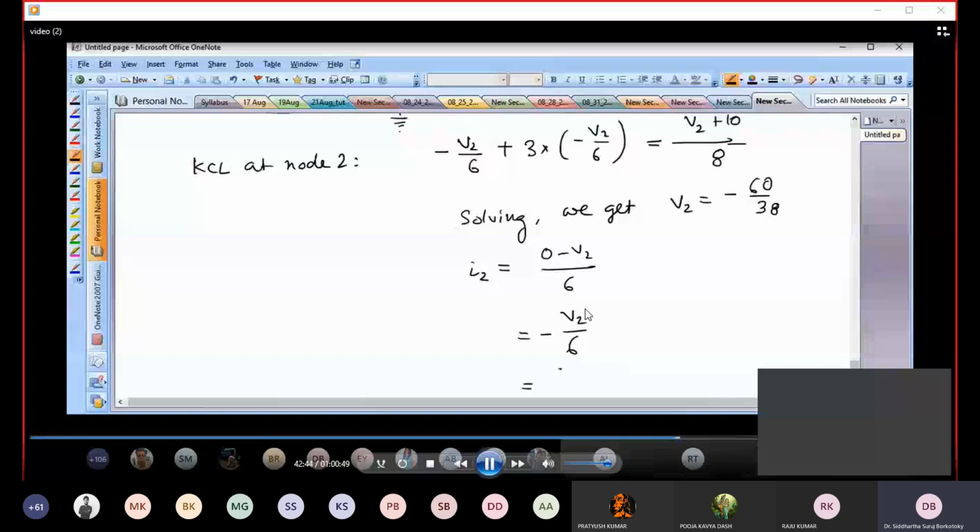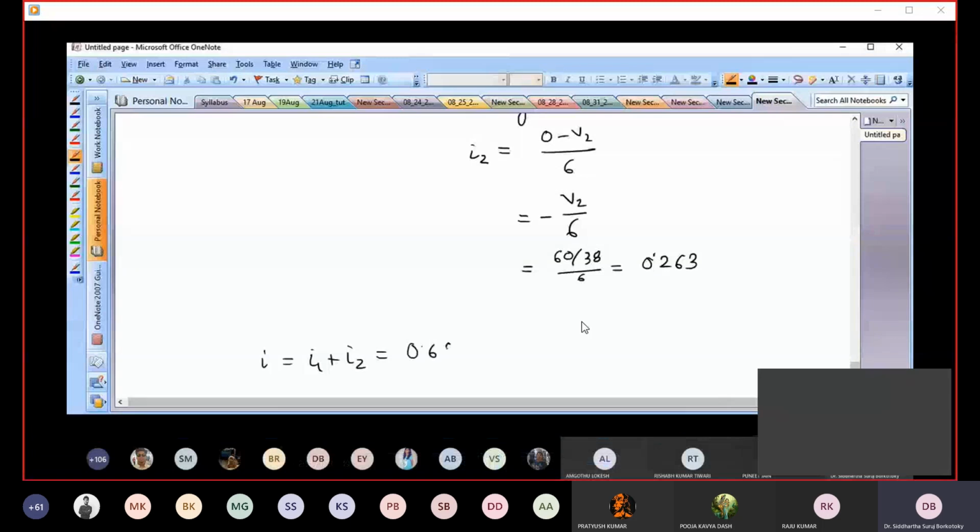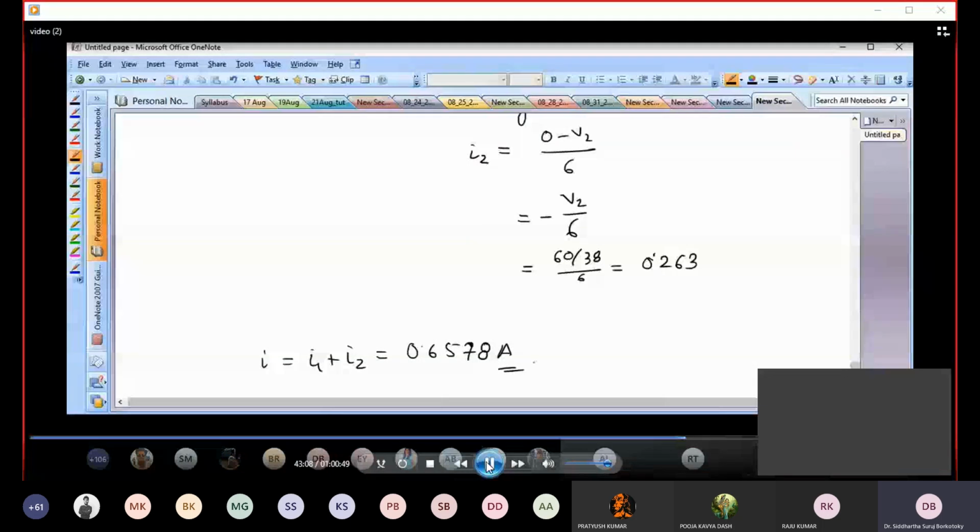The actual I is I1 plus I2, which would be these values that I wrote down. So 0.658, that's the current that we were after. Okay. So any questions on this problem?